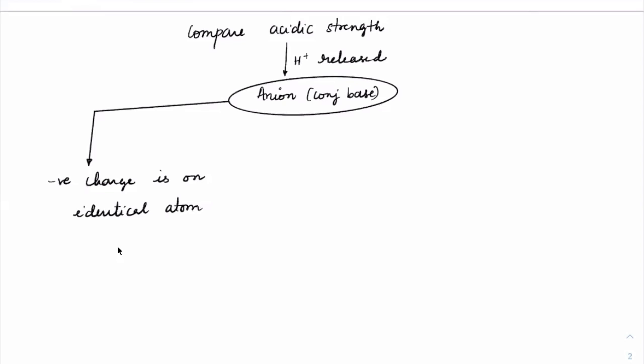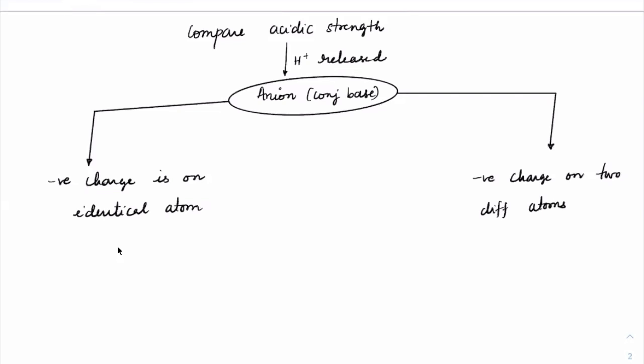Or in case that is not the case here, then you check if there are negative charges on two different atoms.